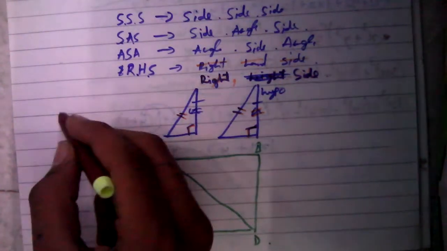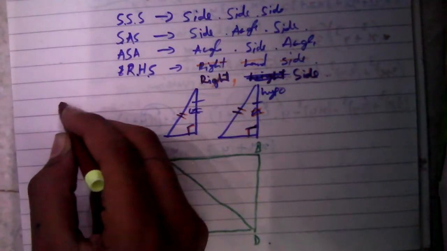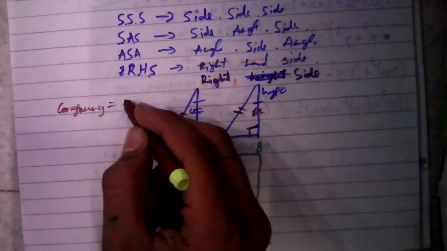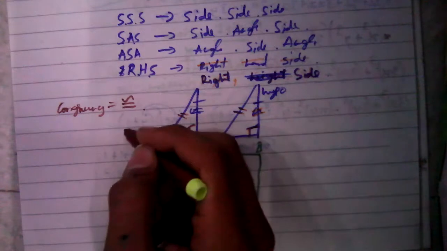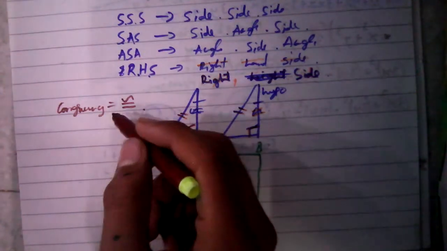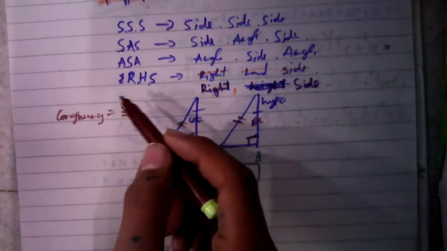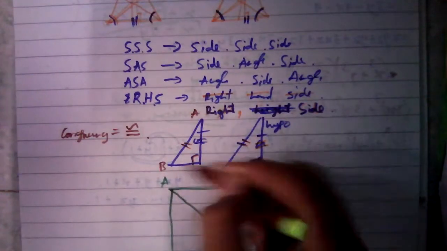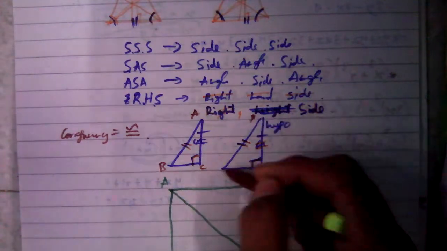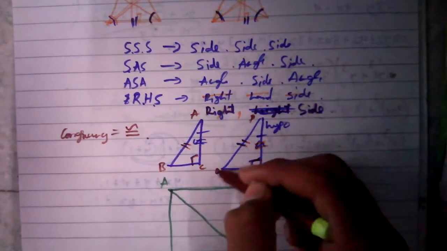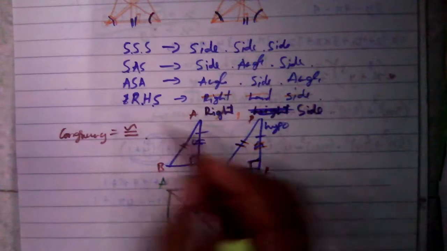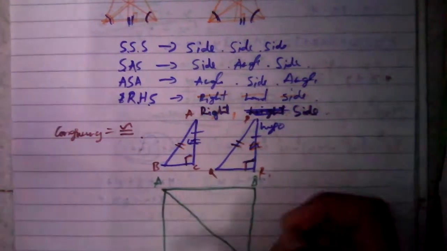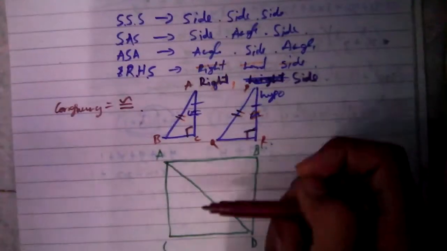This is the symbol of congruency. We use it like this: for example, take triangle ABC and triangle PQR. We write that ABC is congruent to PQR, like that.